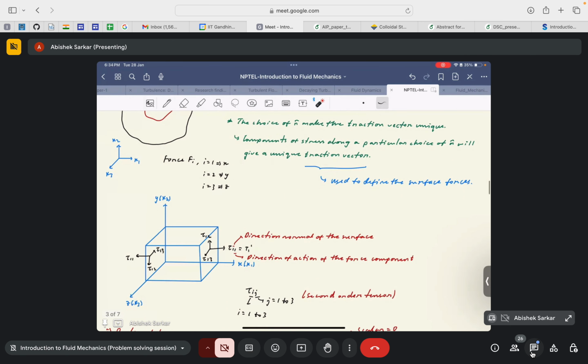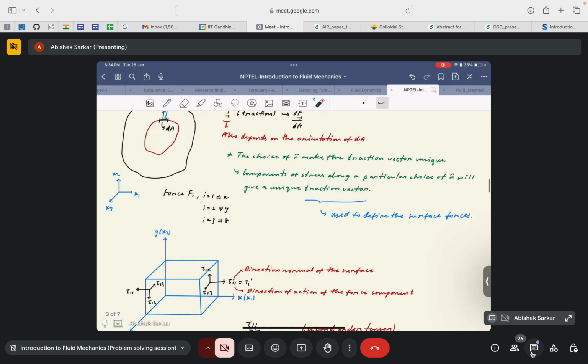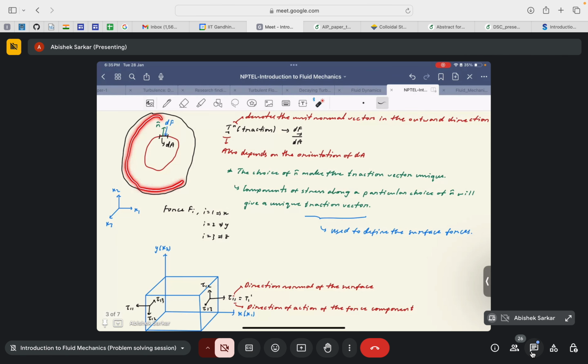Now let us consider this particular simplified diagram. As Professor Chakraborty might have discussed, we are using this particular cuboidal shape because a general shape is arbitrary, and finding a mathematical derivation through an arbitrary geometry is quite difficult.